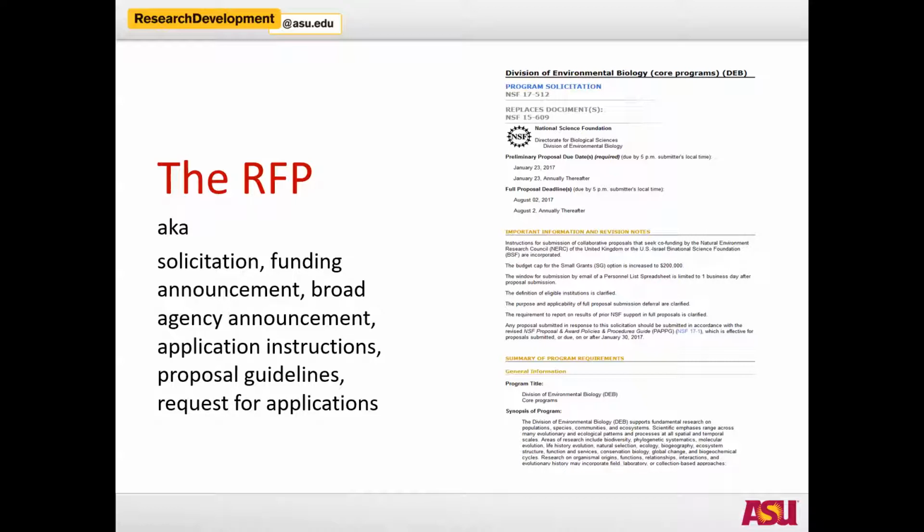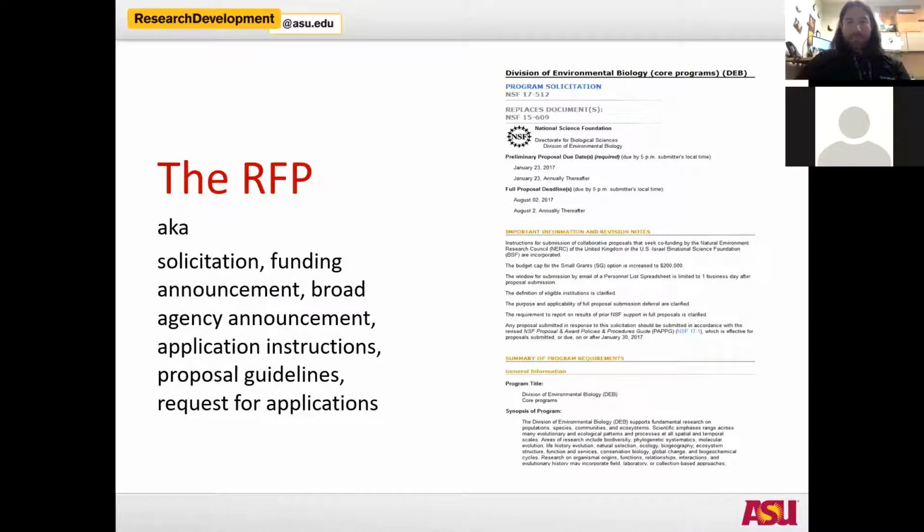When you look at it online, it'll say this has been switched to, and it'll give you a new number. The number actually suggests when the RFP was put out. So NSF 17512 was put out in 2017. And there may not be a new DEB now. It's just saying that January 23rd every year until there's a new one, that's your due date.